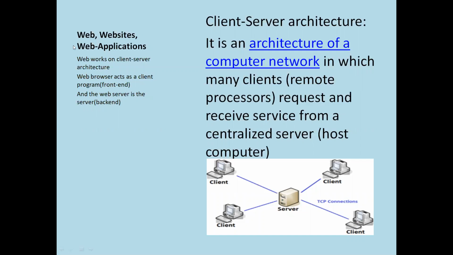Now, in order to understand more details about websites and web applications, let's look into the architecture used by our website. It is known as client-server architecture. It is an architecture of a computer network in which many clients, remote processors, request and receive service from a centralized server, that is a host computer.